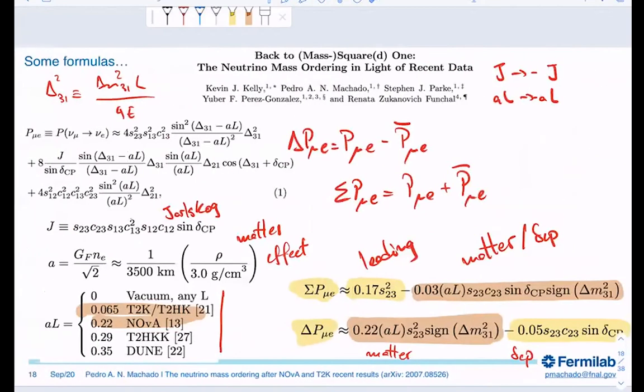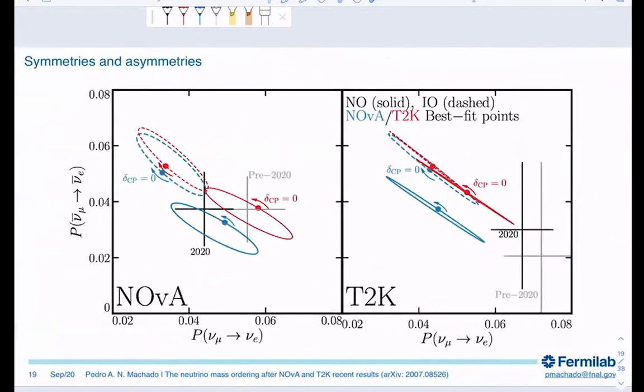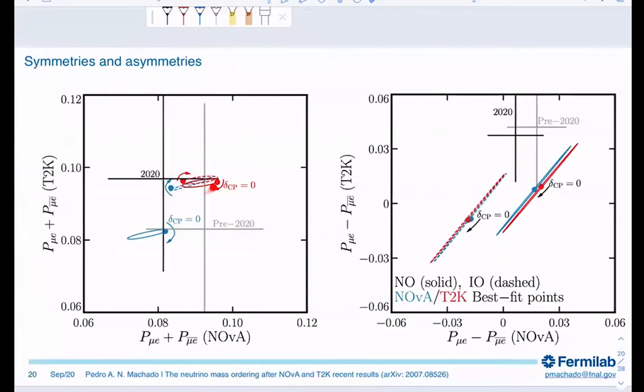So if you go back here, you see there is a theta 23 here. And the sign of delta m square, so that's the hierarchy, etc. But you see that there is a very small dependence of the oscillation parameters on delta CP. So basically, the data point before Neutrino 2020 here and the data point after Neutrino 2020 are essentially in agreement.